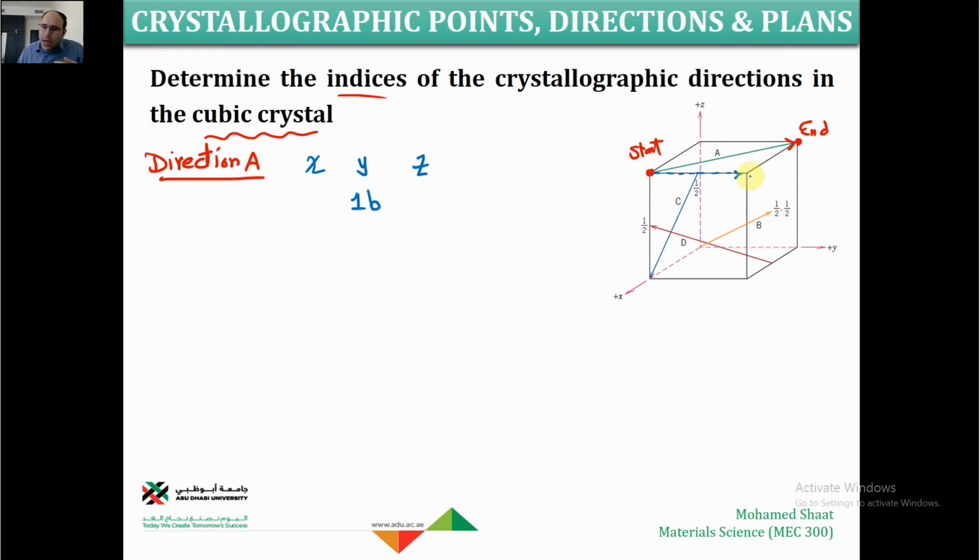Then I'm going to move parallel to X, but in the negative X direction. As you can see, I'm moving negative. I'm not moving toward the positive direction of X, and instead I'm moving in the negative direction of X. So I moved parallel to Y, then I moved in the negative X, the entire A edge.